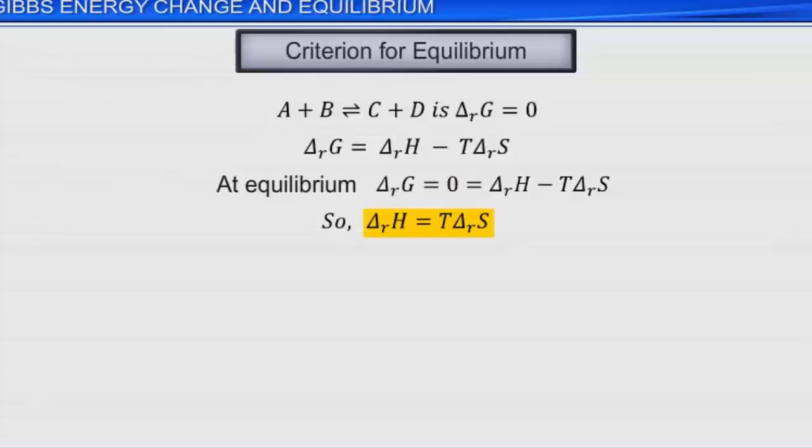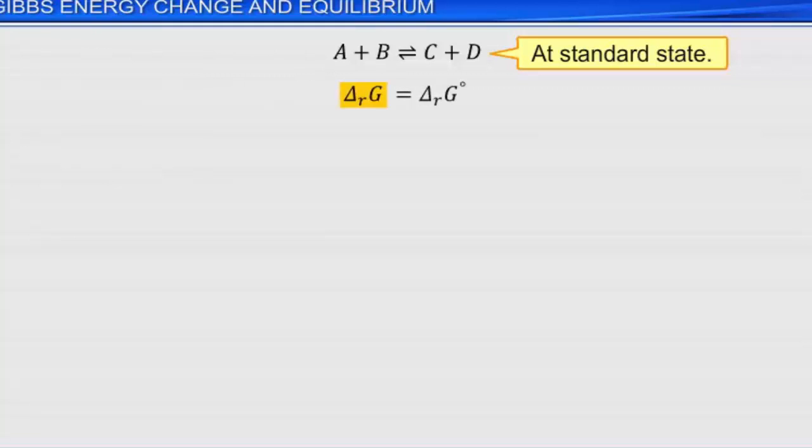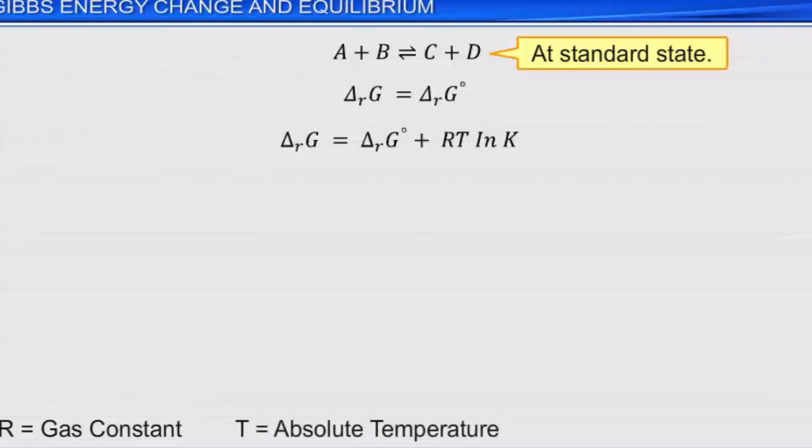If all the reactants and products are in standard state, then delta rG becomes delta rG naught, that is, change in Gibbs energy at standard state. This can be expressed as delta rG equals delta rG naught plus RT log K, where R is gas constant, T is absolute temperature, and K is the equilibrium constant for the reaction.